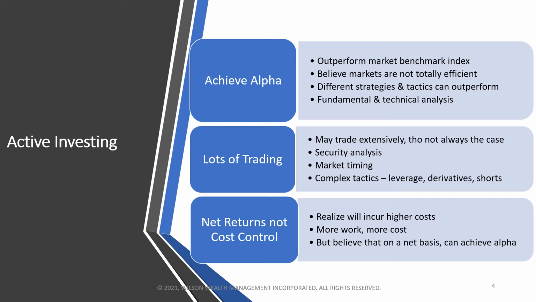They believe that markets are not totally or even highly efficient, so that there are opportunities through various tactics and strategies to find those buried treasures. They exist for an active investor. And he or she, by finding those buried treasures, can outperform their benchmark. And they do this through using different strategies, different tactics.